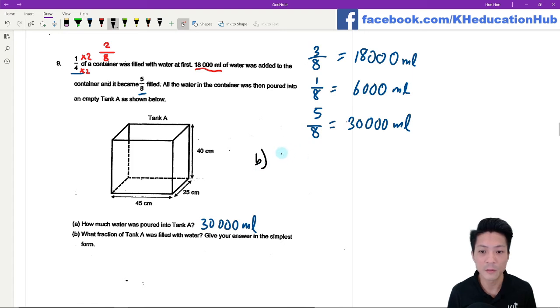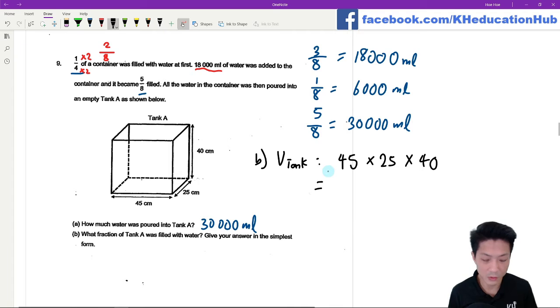We're going to find the volume of the tank. Length times breadth times height is going to give me 45,000.